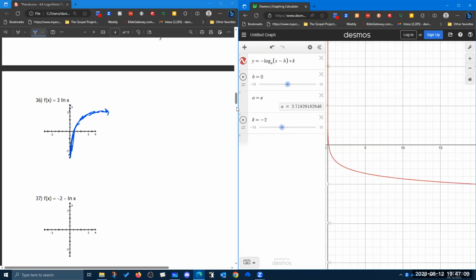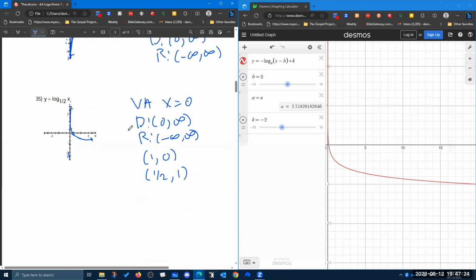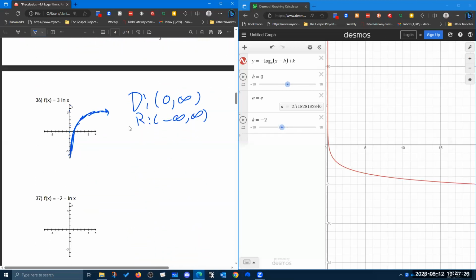The domain here was 0 to infinity. My range was negative infinity to infinity. My characteristic points were (1, 0) and (e, 3).